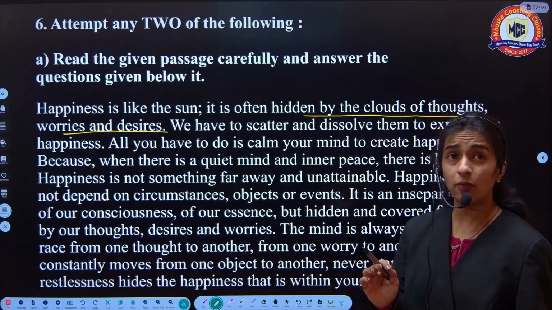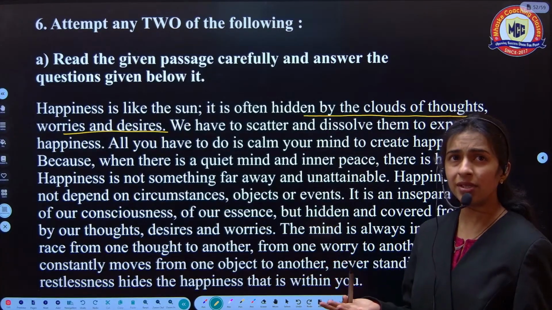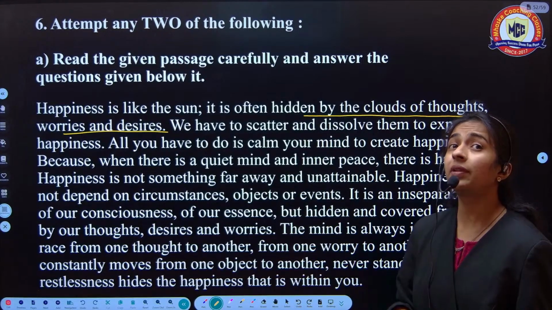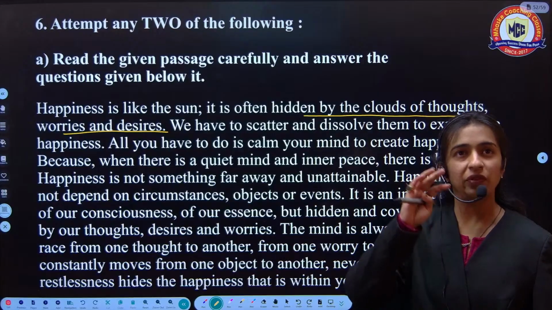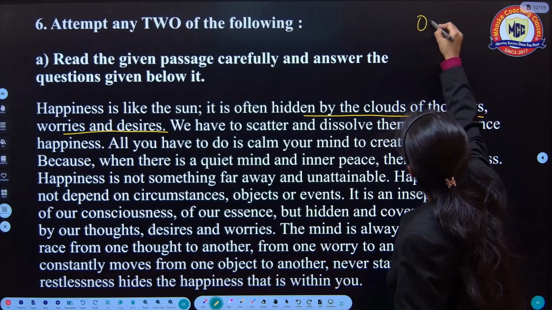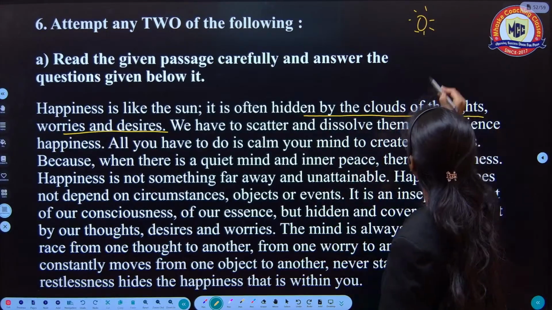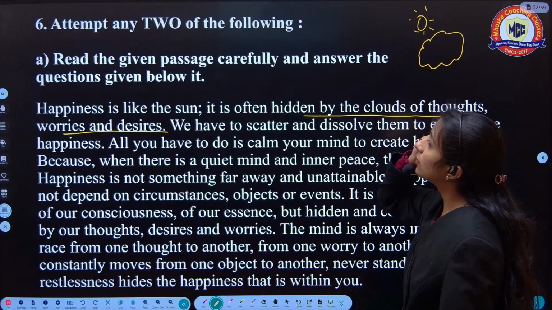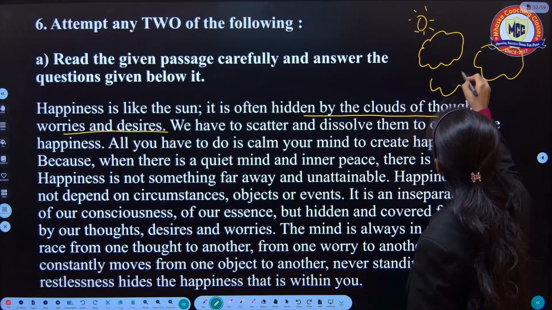Which means here they wanted to say happiness is like sun. The common thing between them is the way sun is hidden between the clouds, happiness is also hidden between the clouds. So we have a name for those clouds. I'll quickly explain. If this is sun, many times during revolution, it will go beyond clouds, right?